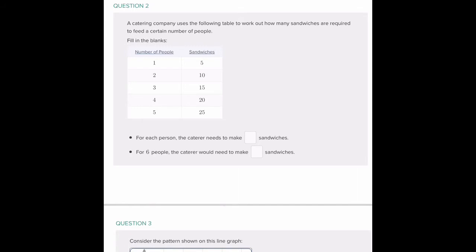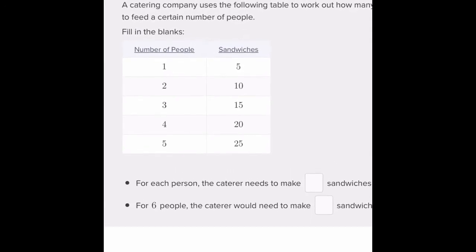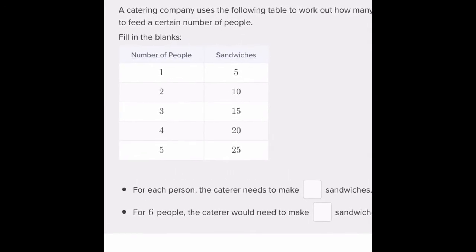Well, I'm going to start with looking for patterns first. And I notice if I try using what I did in the last problem with Glenn's age and Nadia's age, that the pattern won't work, right? So if I add 4 to this, I get 5. But if I add 4, I would get 6, not 10.